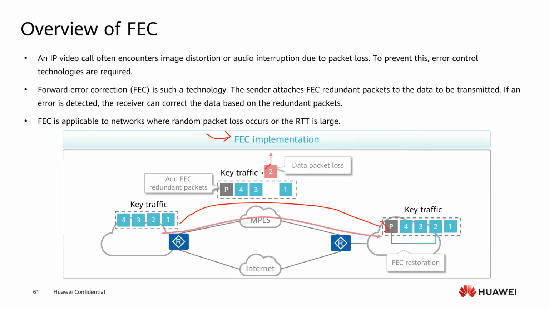And if any one of them fails, is dropped or errored, then on the other side, when the device receives the packets, based on the redundancy packet it can automatically restore it. So this is FEC.